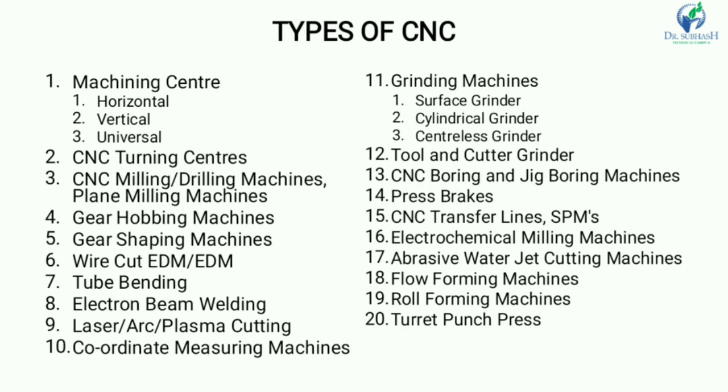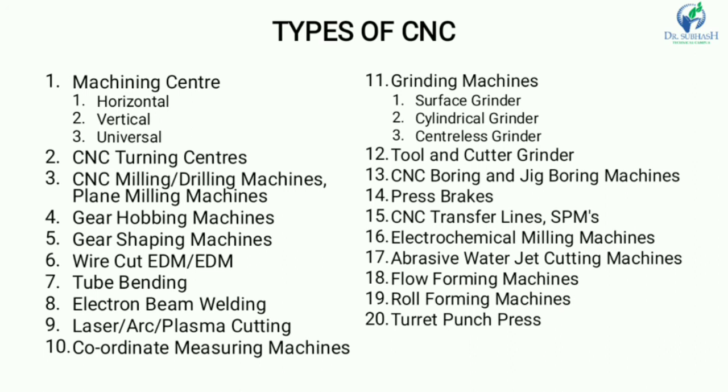Now the types of CNC. Okay, so you can see this is the list. There are a number of CNC machines available. First one is the machining center, in which there are the horizontal machining center, vertical machining center, and universal machining center.